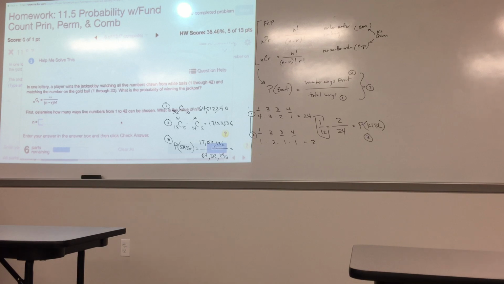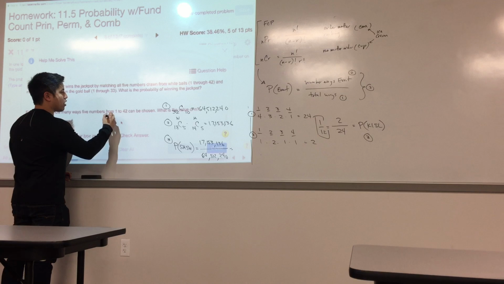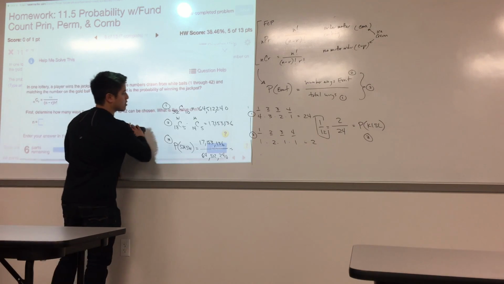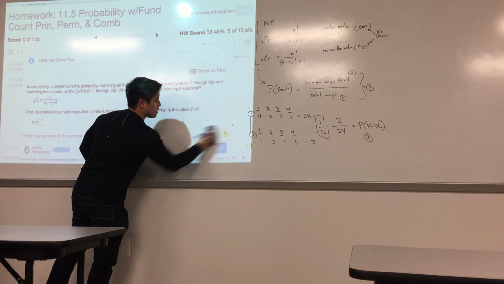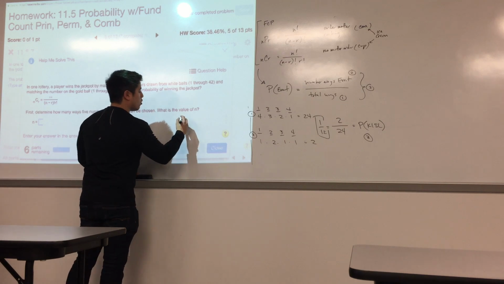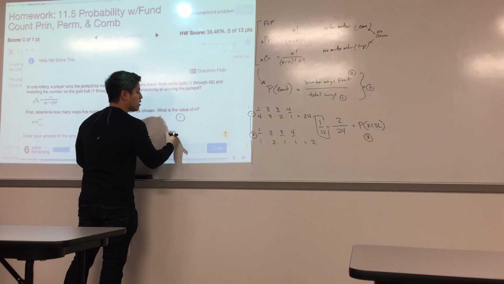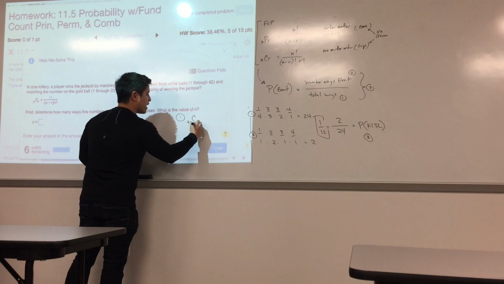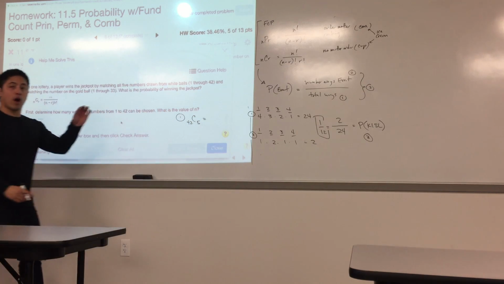Okay, the first thing you need to do is determine how many ways 5 numbers from 1 through 42 can be chosen. In other words, what are we trying to figure out? Let me erase this one, that way we have some clean board here. So we need to figure out step 1, how many ways 5 balls, white balls, right?